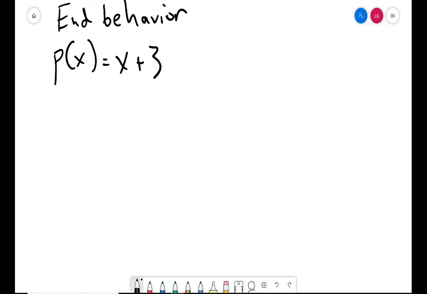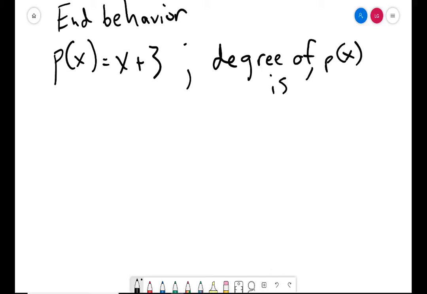Take our time, a deep breath. We're looking at the polynomial x plus 3. Based on what we just talked about, the degree of p of x is, hopefully you see it, degree 1.